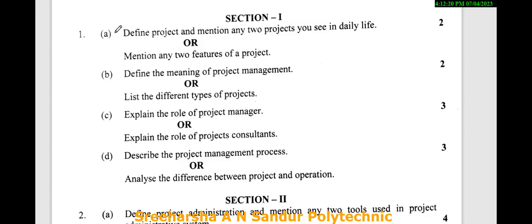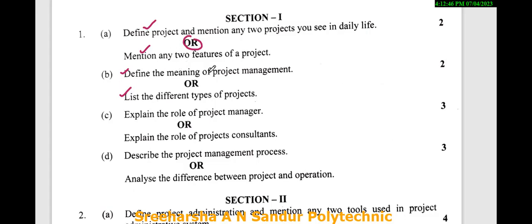In this first question you have 1A. Here you can see the "or" between, that is, either you can write this answer or this answer. That accounts for 1A. Then 1B, again for 2 marks. Either you can write this or this. Any one of them.